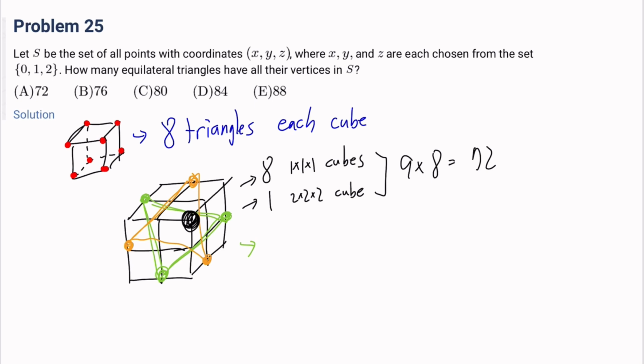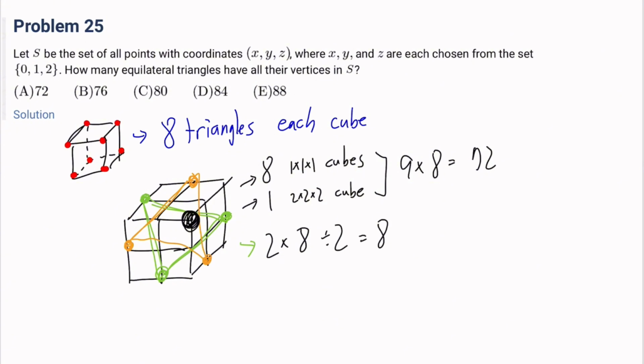And so we have 2 for each vertex times 8 vertices in total. The ones centered at this vertex are going to be equal to the ones centered at this vertex, and so on like that, right? So we have to divide by 2 because one pair of vertices are going to have the same thing.